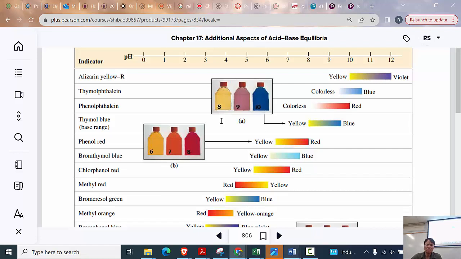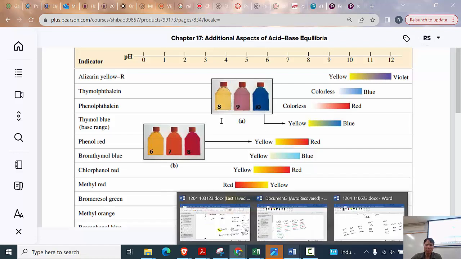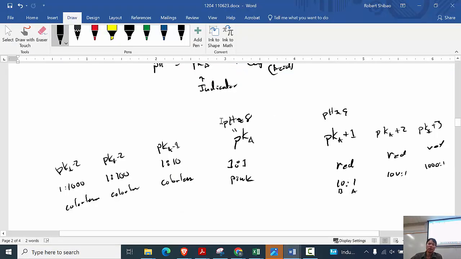Let me correct that. I don't know exactly what the pKa is. So around 10. And then over here, pH around 8 should be colorless, pH around 10 should be red, and in between 8 and 10, it should be pink.